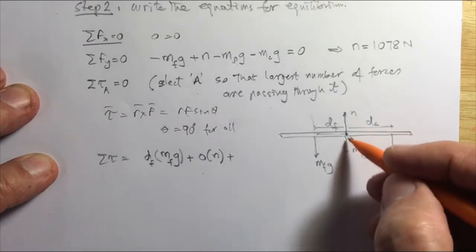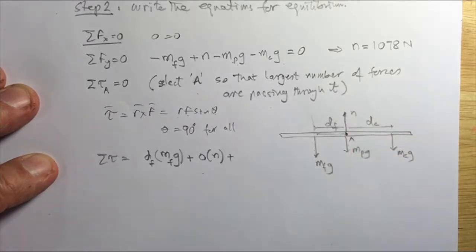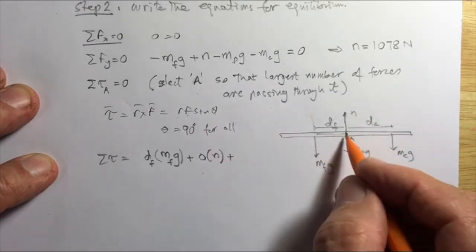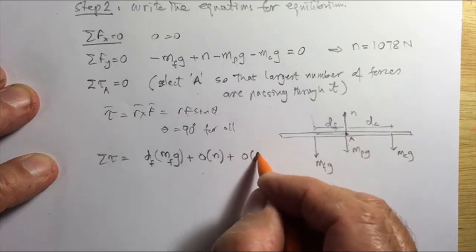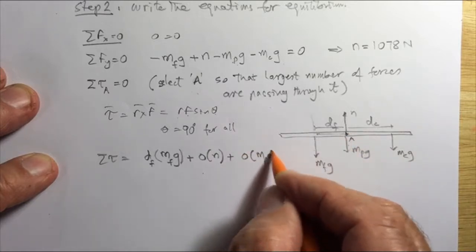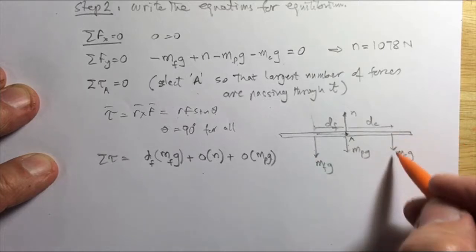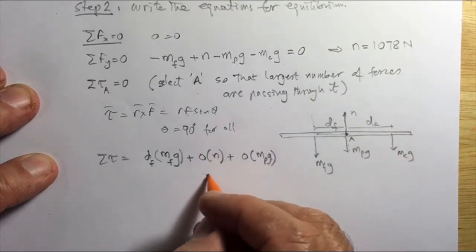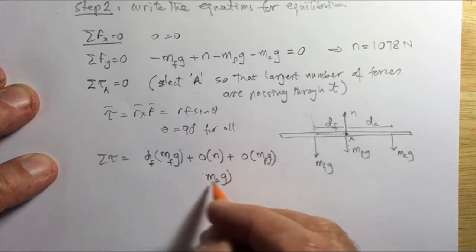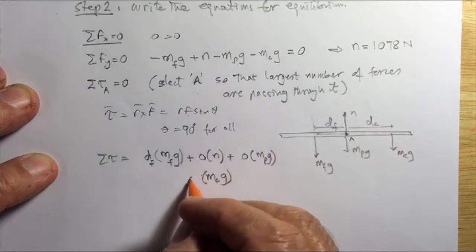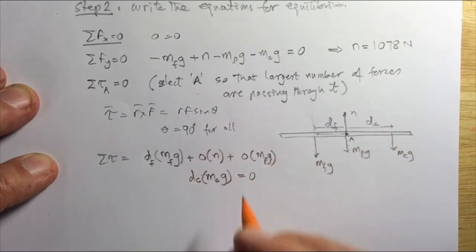Then we look at this m_p, and it's also acting right at the axis, so it's 0 times m_p g. This gives a 0 torque, and this is the last one. It's m_c g is the force, and the distance is d_c, and they should all add up to 0.